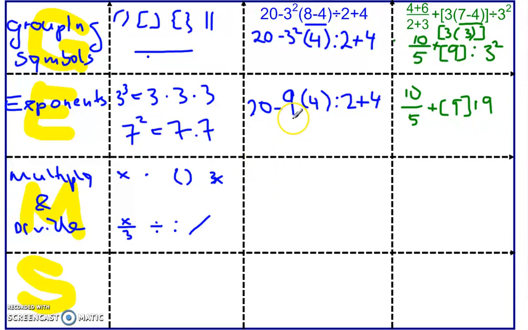So then here we have multiplication. Remember, it goes from left to right, and that is very important. You don't multiply before you divide. You go left to right. So here we have this multiplication first, negative 9 times 4. So we have 20, that carries down, minus 36 divided by 2 plus 4.